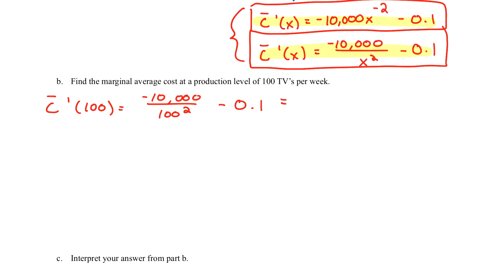Now, if you grab your handy-dandy calculator and you plug that in, we should end up with negative 1.1. Now, this is marginal average cost. We're still talking about dollars and cents here, so I'm going to put a unit on this. This is negative $1.10, that might make a little bit more sense.